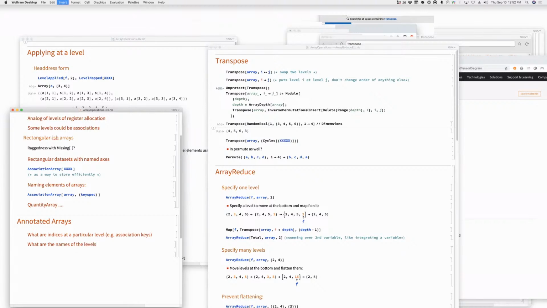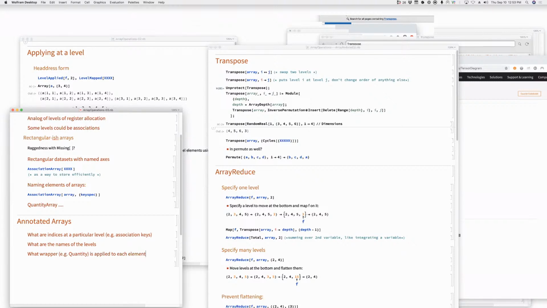Another is what wrapper, e.g. quantity, is applied to each element. But then there are more complicated cases. Quantity array, geoposition, fine, that gets a lot of the cases, but there are also things like sparse array and stuff like that.